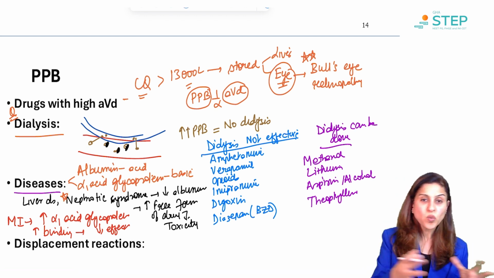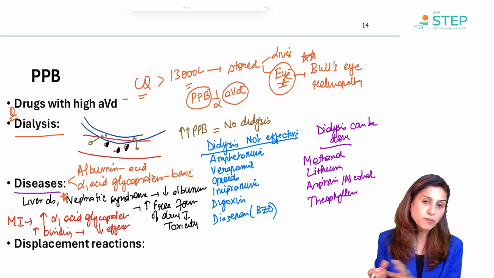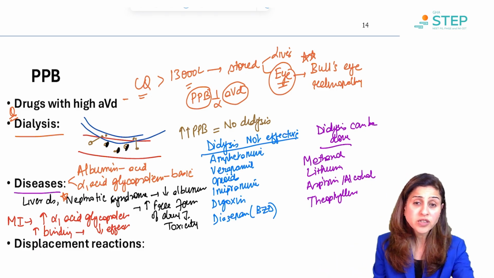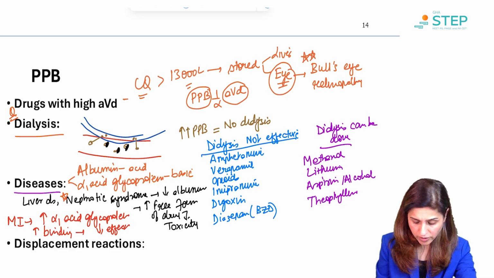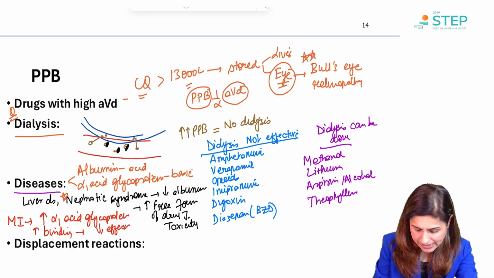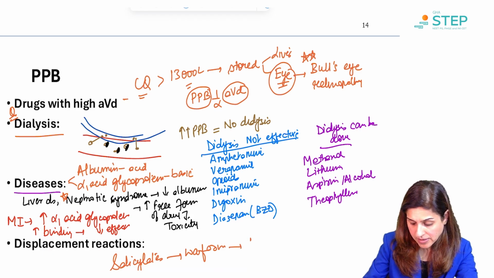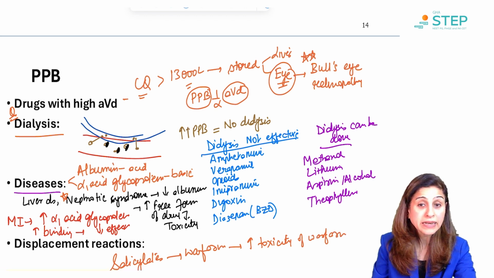Displacement reactions can occur. One drug can displace another from its plasma protein binding site, and that can lead to different drug interactions, which are especially important. An important one is salicylates. They can displace warfarin. When warfarin is displaced, it increases the toxicity of warfarin, and that is bleeding, right?